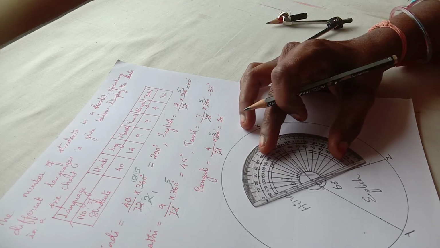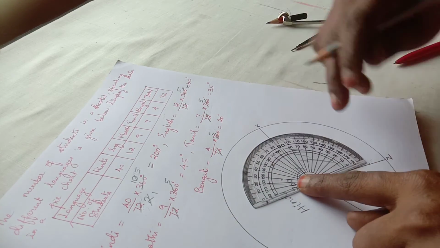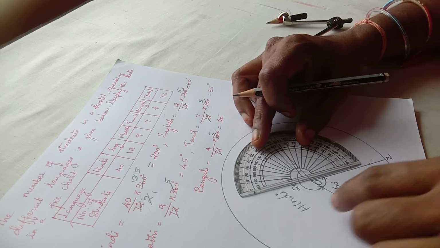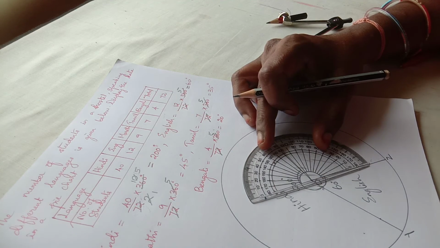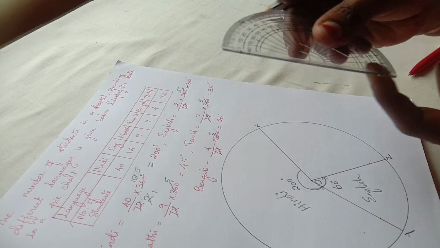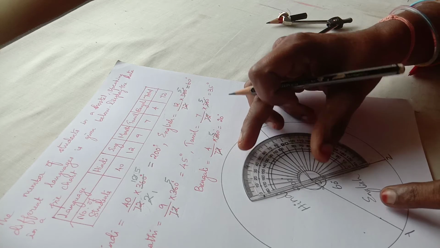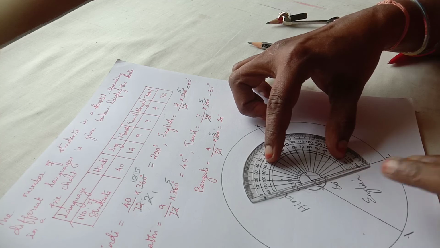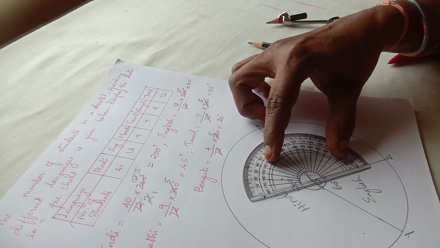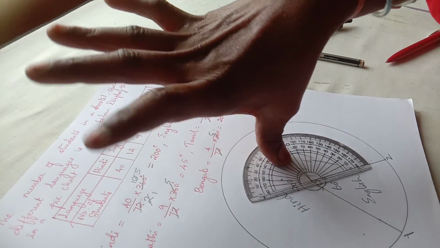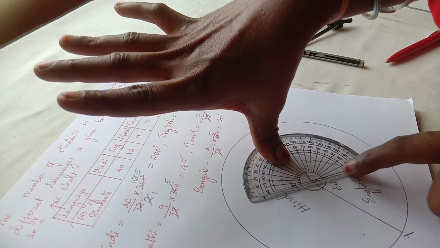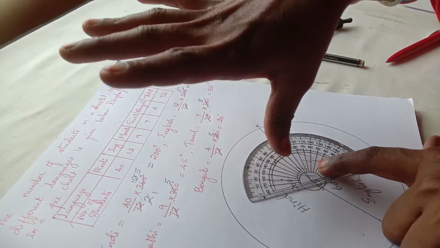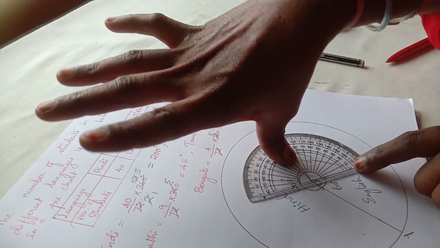Keep the center of the protractor on O, and adjust the baseline so that the zero line of the protractor coincides on OZ. Now it's coincided. Now we need to start from 0.